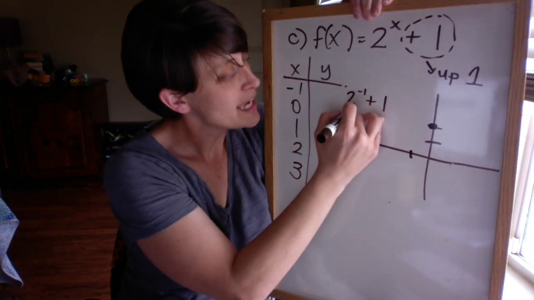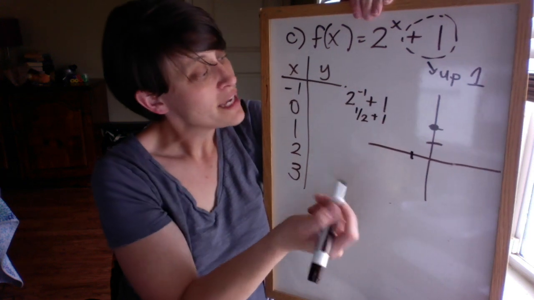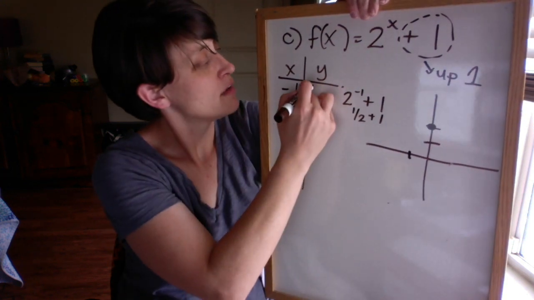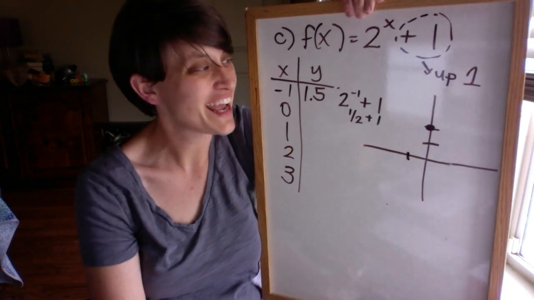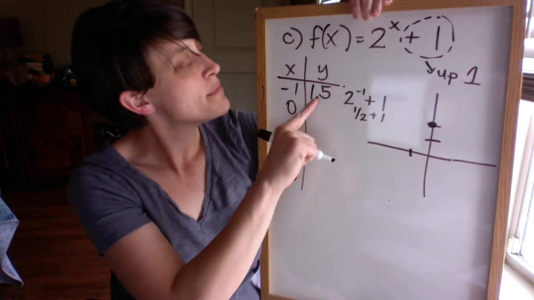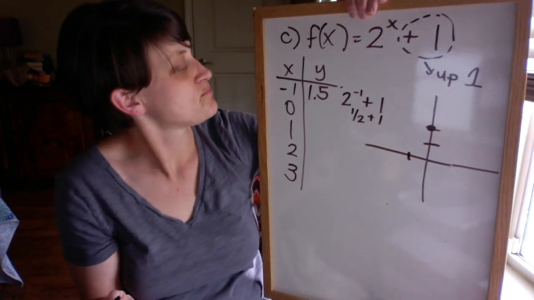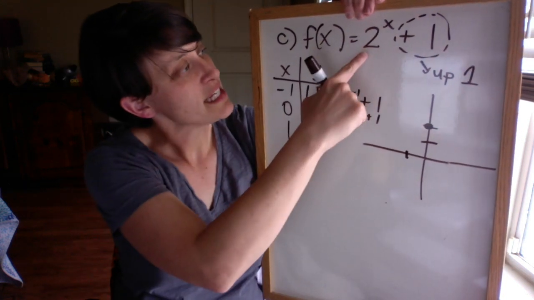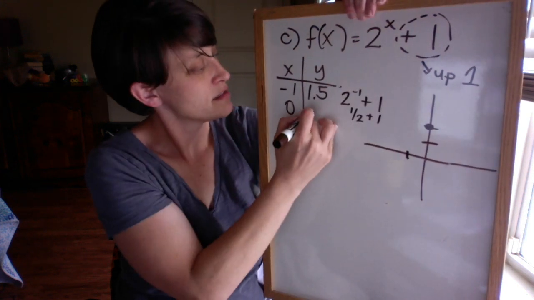So 2 to the -1 is just 1 over 2. And we end up with 1.5. I would normally encourage you to write that as 3 halves. 1/2 plus 2 halves is 3 halves. But for graphing purposes, 1.5 is a lot easier to work with. Okay, if we put in a 0, that'd be 2 to the 0, which is 1. 1 plus 1 is 2.